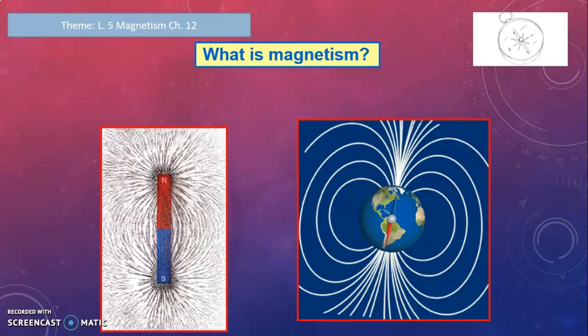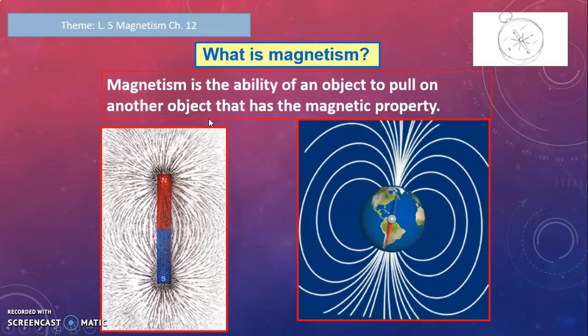This pattern is similar to what happens with electric charge. So here, what is magnetism? It is the ability of an object to pull or push another object that has the magnetic property. So in your notebook, copy the question, the definition, and draw. Let's go with the next information.